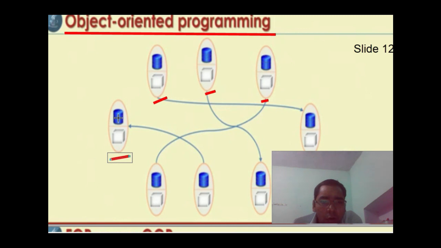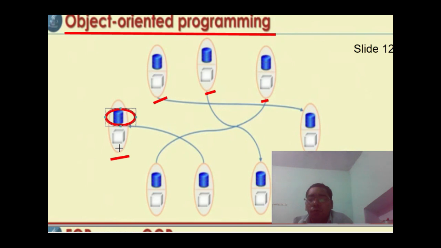If this is your database, this is your database, this is your database, it is stored in your object. So data are distributed among the different objects and localized. The programming task is carried out by communicating among the different objects.